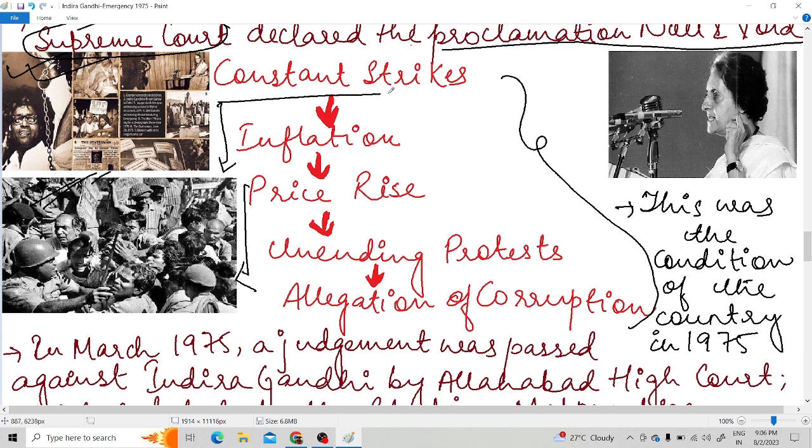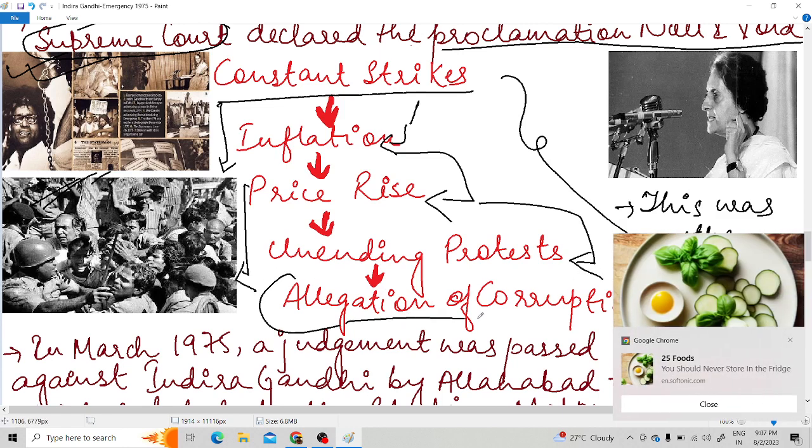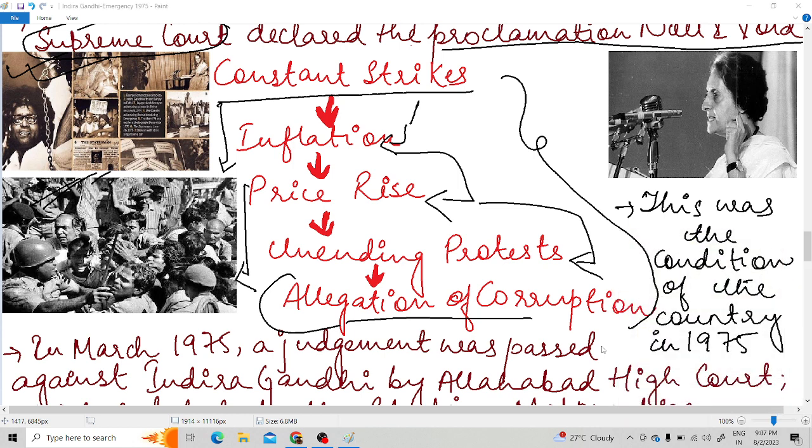Therefore, constant strikes led to inflation, and inflation led to the price rise, which created the situation of unending protest. Later, it was a result of allegations of corruption. This was the condition of the country in 1975.